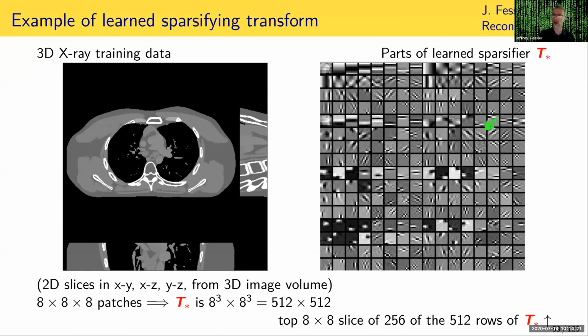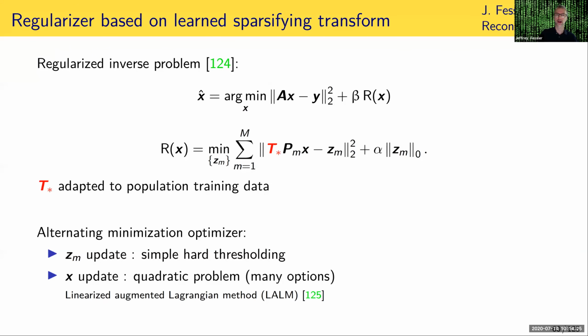So that's a lot of patches to learn from. So now we've learned that transform from training data. How would we use it as a regularizer? Just the way I showed you earlier when we had handcrafted transforms. We have a cost function that involves a data fit term and a regularizer, where the regularizer is asking that patches extracted from the image we're trying to reconstruct should be sparse with respect to that learned transform.